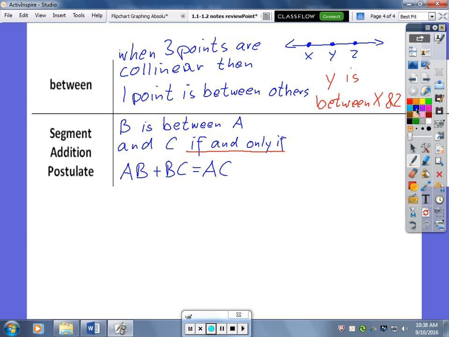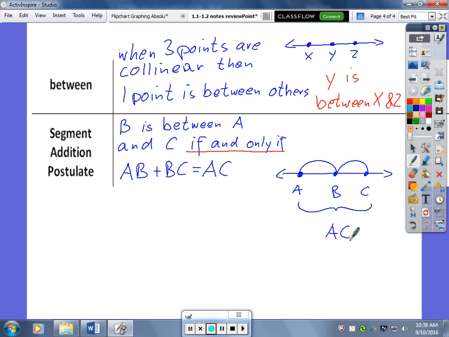Now let's draw a line and see what we're talking about here. If on this line we have points A, B, and C, then we have two segments. We have the segment AB, and we have the segment BC. And adding those two segments together, we get the segment AC.